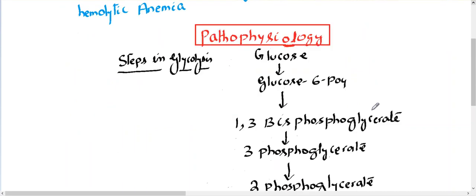So the pathophysiology, here I have not explained the detailed steps of glycolysis, only some of the important steps related to pyruvate kinase deficiency. The steps in glycolysis, as you all know, glucose gets converted to glucose 6-phosphate, and I have skipped the further steps here.